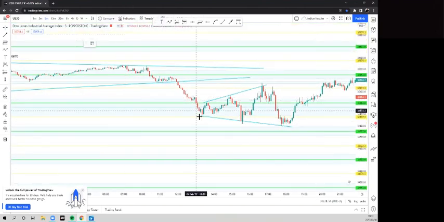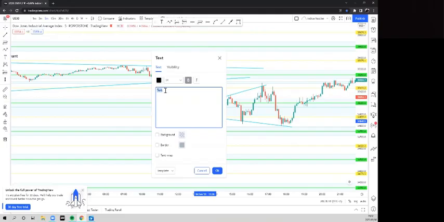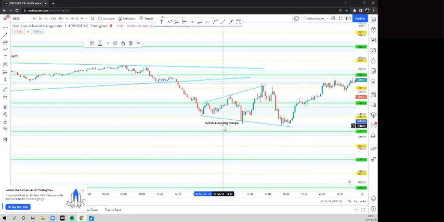If I ever need to confirm a pattern in future, I can just backtest. I'll put this in here and then I lock it. I lock my text in.